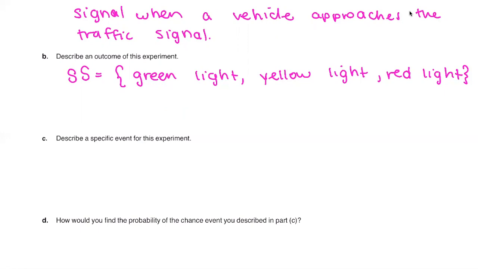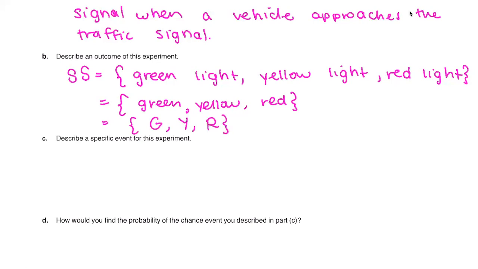Another way of writing the sample space, you could just write the words green, yellow, and red. You could also put just a G, a Y, and an R. But I think if you do this last option, you should also provide a key, like, G equals green, and Y equals yellow, and R equals red.